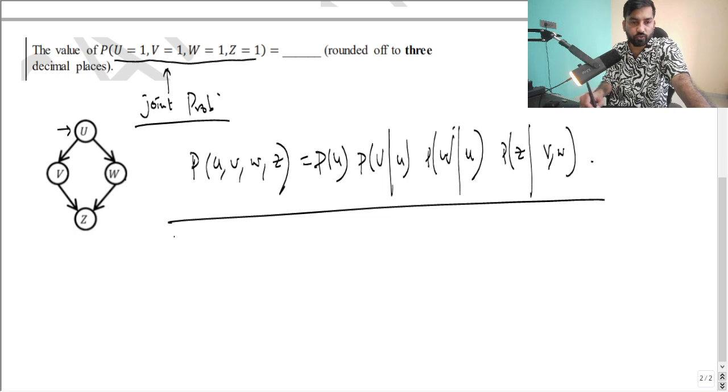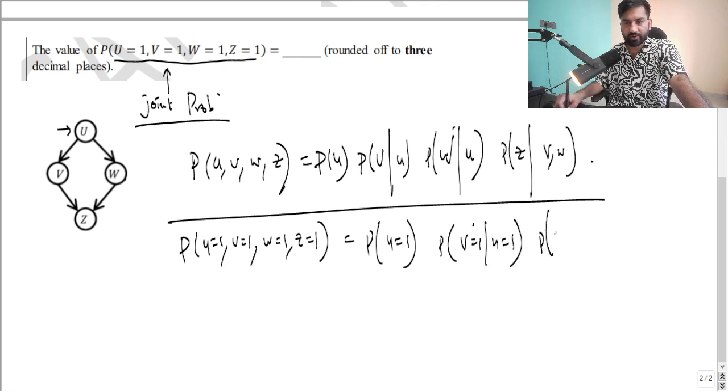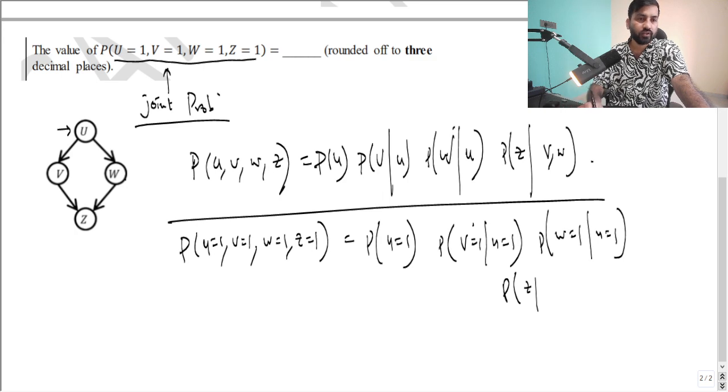Then what you have to do here is find the probability of U equal to 1, V equal to 1, W equal to 1, and G equal to 1. In fact, you don't have to write all these things. Directly you can choose the values. So you can say probability U equal to 1, V equal to 1 given U equal to 1, and then probability of W equal to 1 given U equal to 1, probability of G equal to 1.